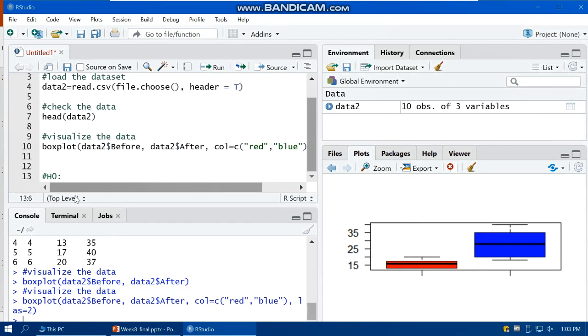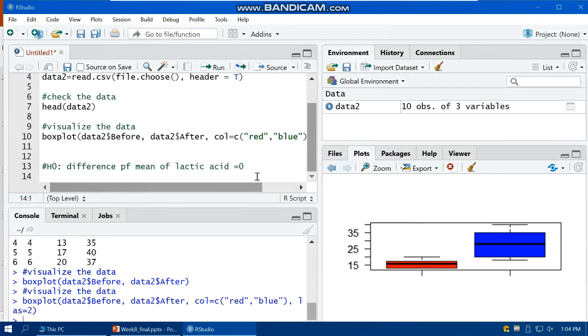Okay, so the null hypothesis is that the mean of the lactic acid before equals the mean of lactic acid after, or in other words, the difference of the mean of lactic acid equals 0, right?